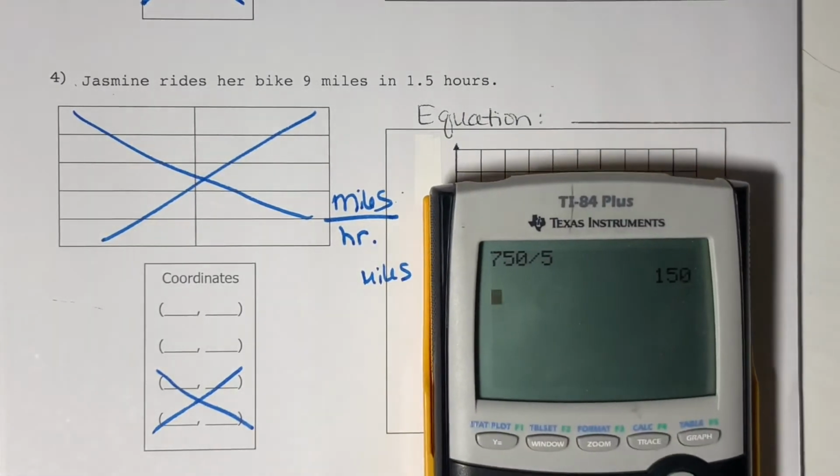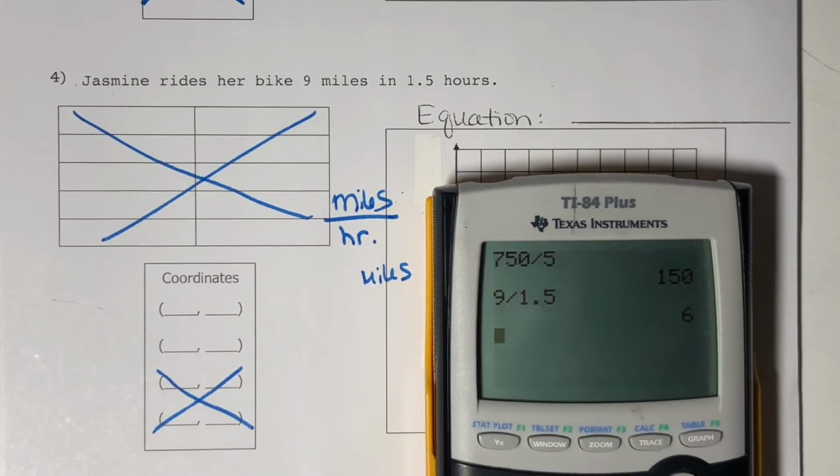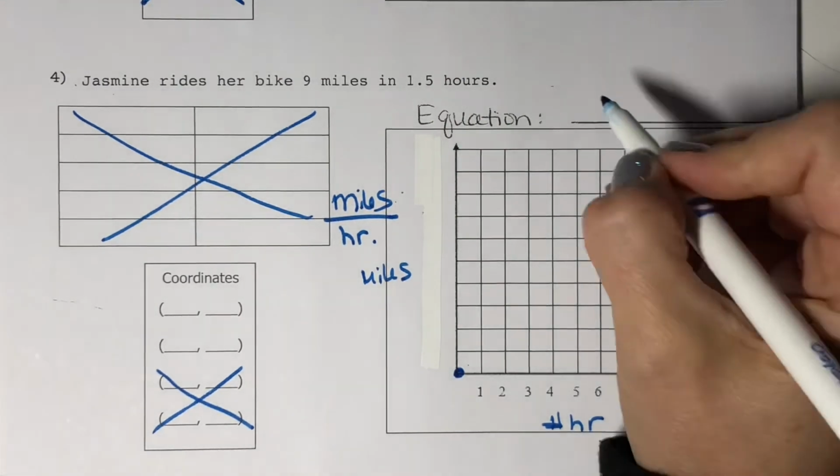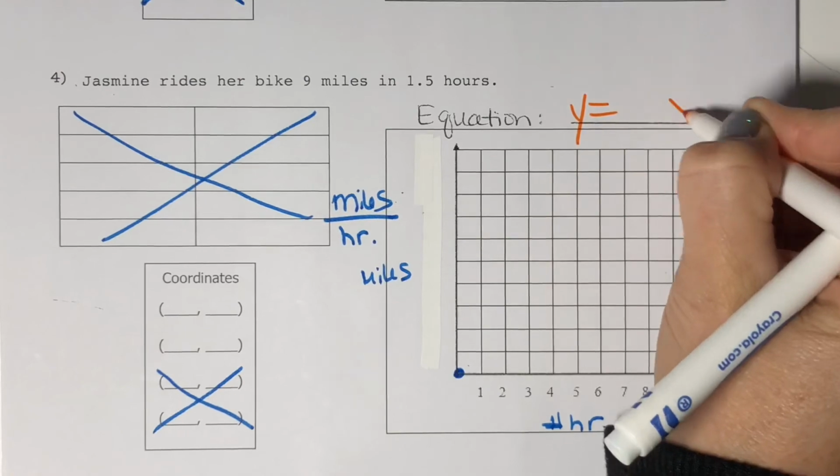Okay. So I have 9 miles divided by 1.5 hours. That means she's going at a rate of 6 miles an hour, which is pretty good for a bike if you consider you go like 25 down a side street in a car. So my equation for her would be 6 miles an hour.